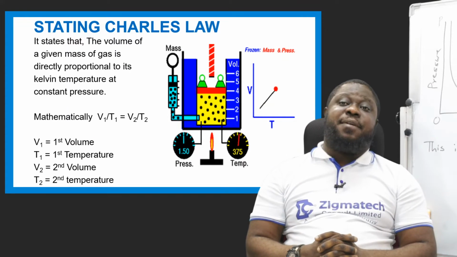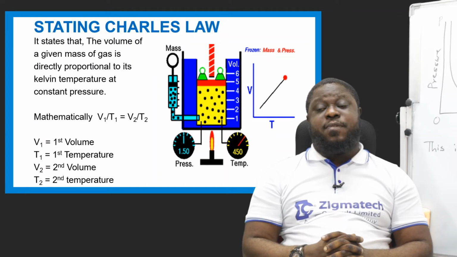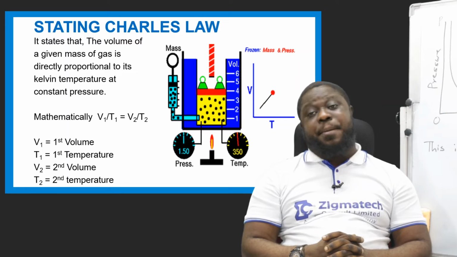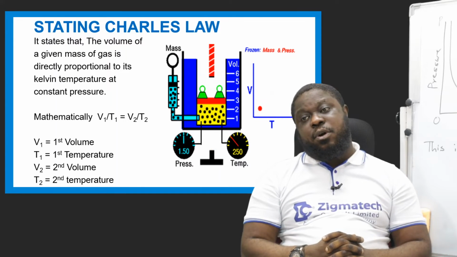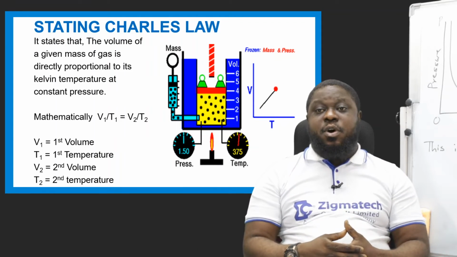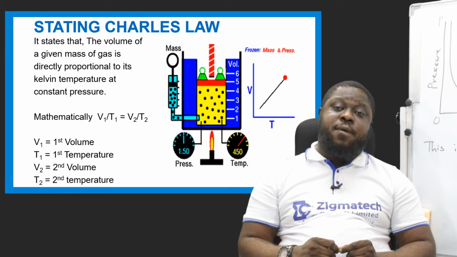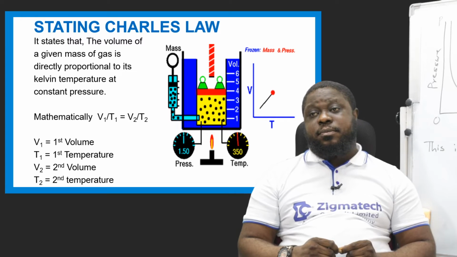Mathematically, V1 over T1 is equal to V2 over T2. The first volume divides the first temperature, the second volume divides the second temperature. V1 is the first volume, T1 first temperature, V2 second volume, T2 second temperature.